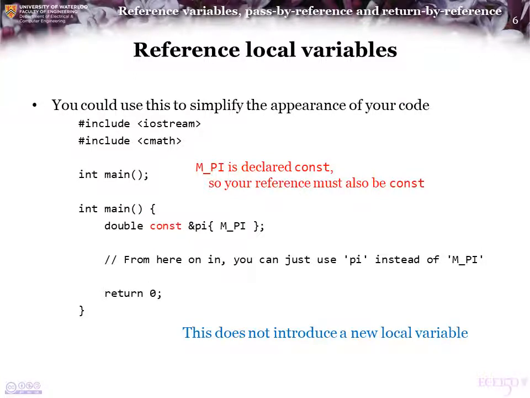The important thing here is that by declaring lowercase pi to be a reference variable, it doesn't introduce a new local variable. It's just a different way of accessing the global constant variable M_Pi.